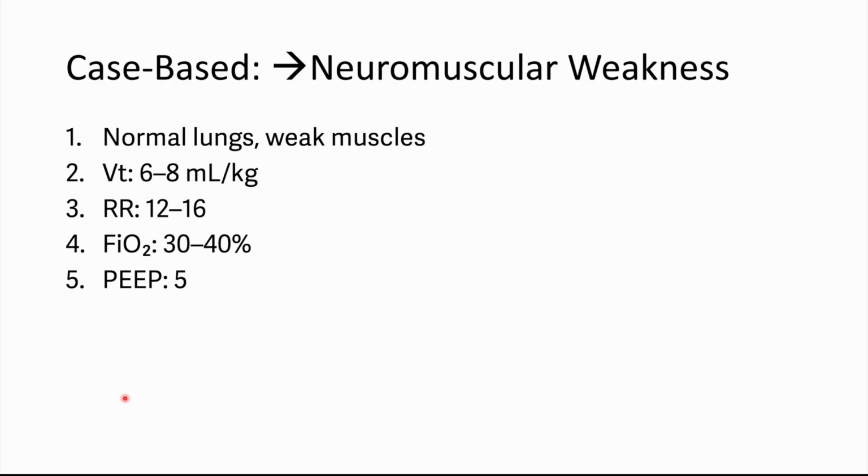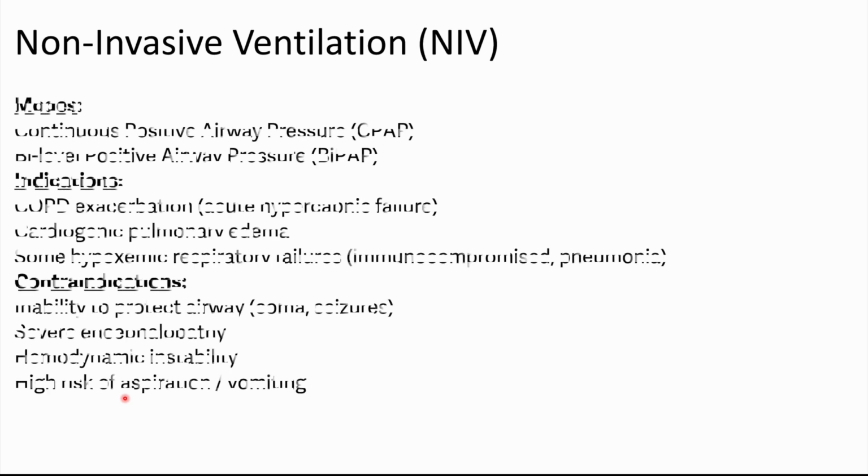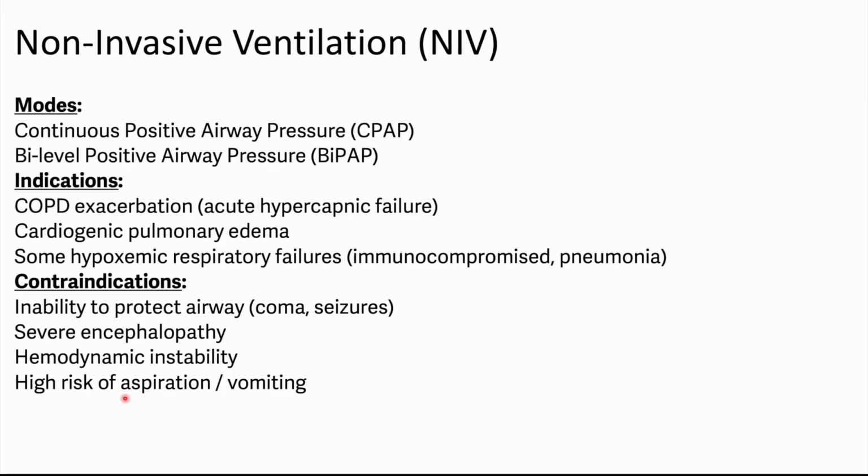Next, we'll see about non-invasive ventilation. There are two modes: continuous positive airway pressure, which is CPAP, and bi-level positive airway pressure, which is called BiPAP. Indications include COPD exacerbation, cardiogenic pulmonary edema, and some hypoxemic failures, such as immunocompromised patients or pneumonia.